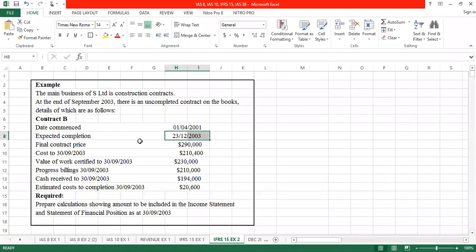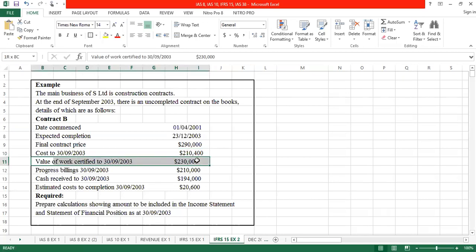Final contract price, this is what we call contract revenue. Cost to 30th September 2003 is 210,000. Next, value of work certified to date is 230,000.